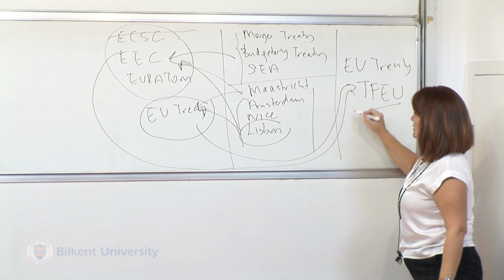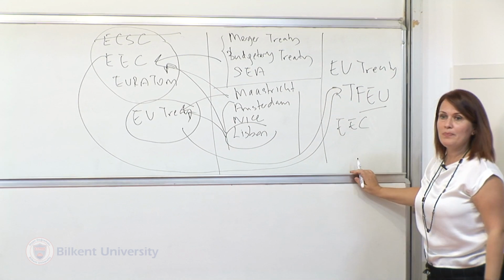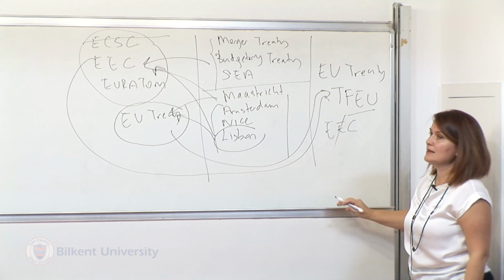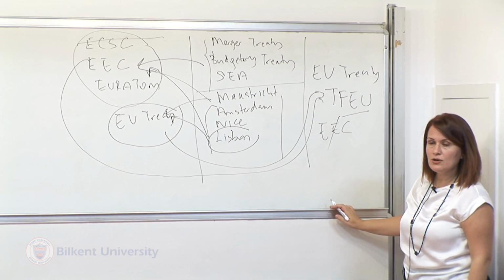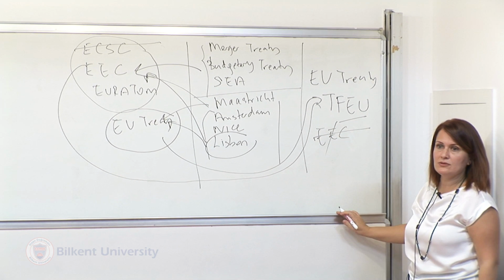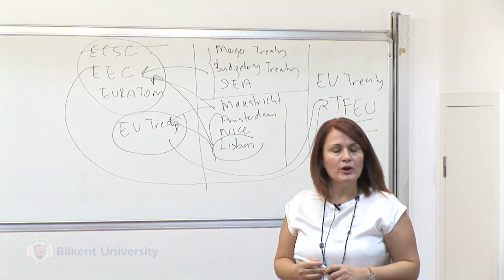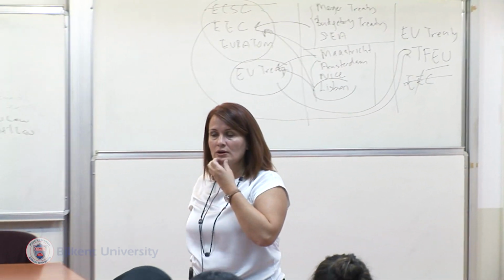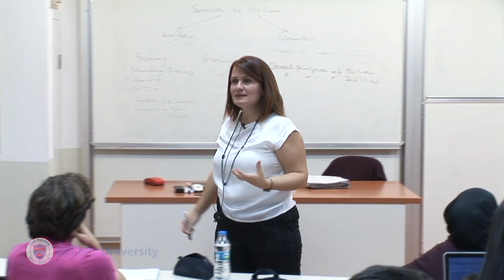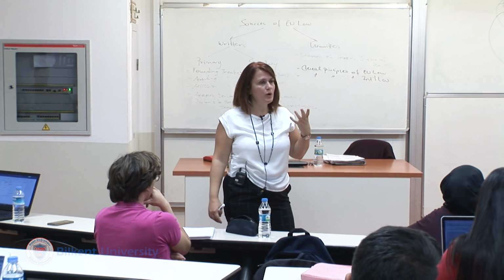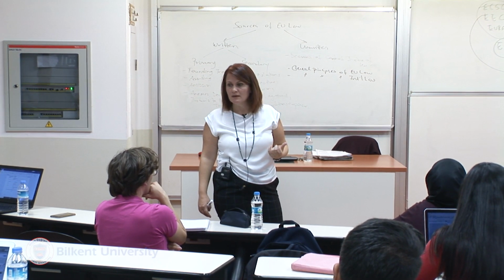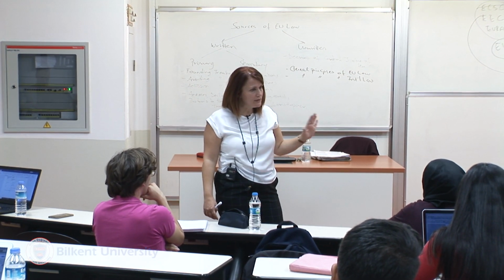The EEC treaty was first amended by Maastricht as the EEC treaty. Then the Treaty of Lisbon changed the name of the EEC treaty to the Treaty on the Functioning of the EU. You would remember the Treaty of Lisbon replaced the word community with union. There is no community anymore.